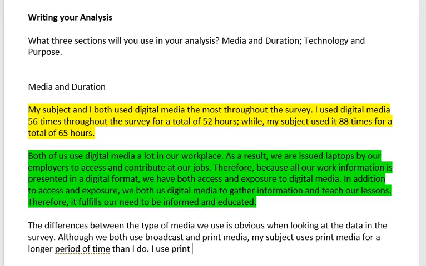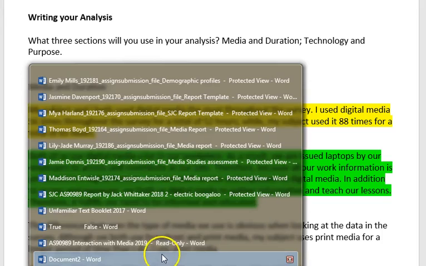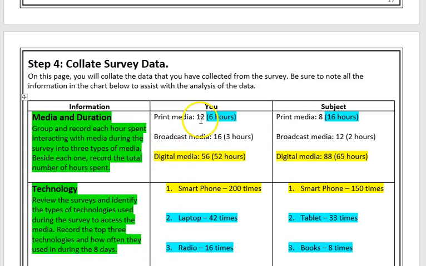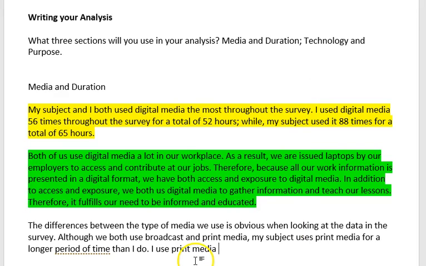I use print media, and this is where I might go back again to my survey and make sure I've got all the data.